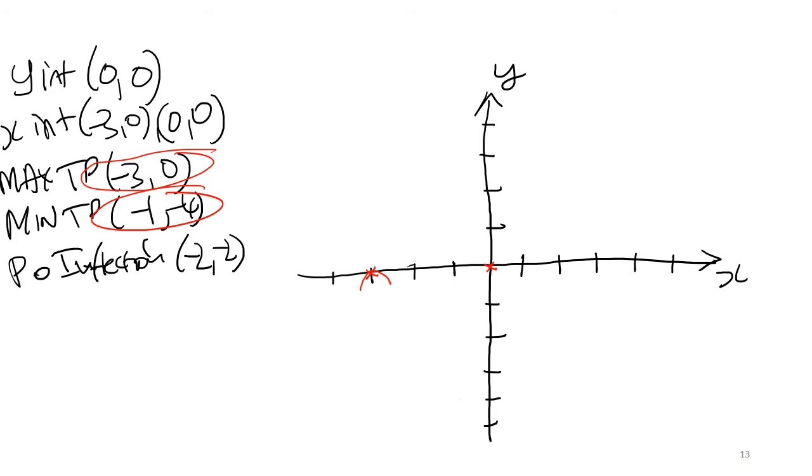Okay, let me just try it a bit better. So at negative 1, negative 4, it's going to look like this. So we do have enough information for us to join up our graph. But the last thing we know is the point of inflection, at negative 2, negative 2. This is where the concavity changes.